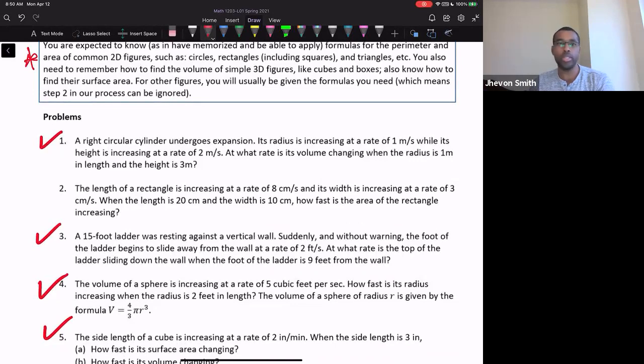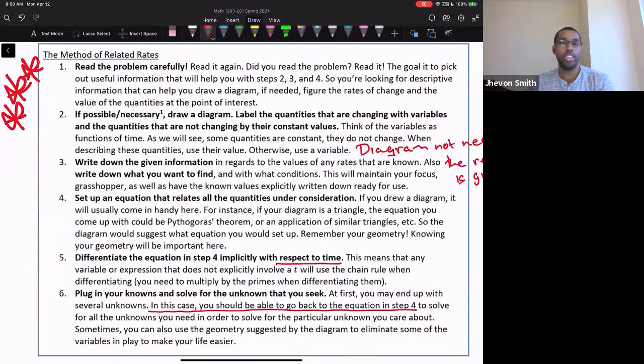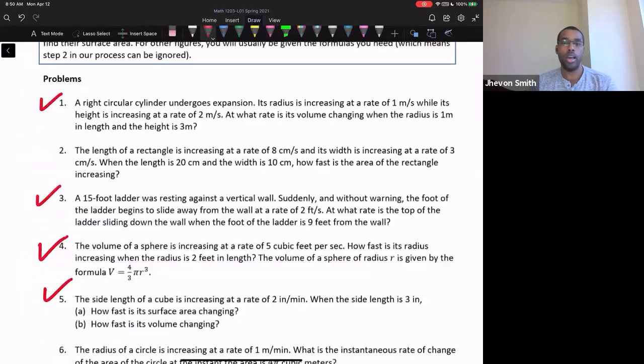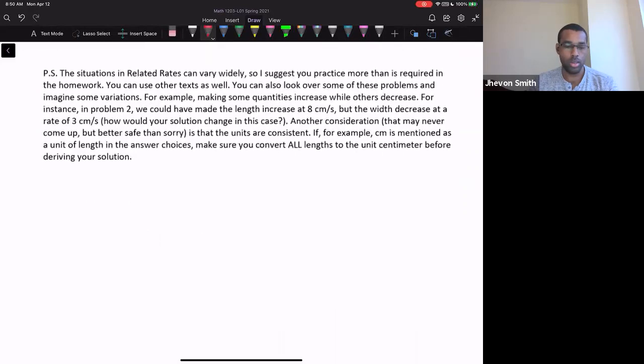So tons of examples. You're going to notice that I'm always going to be using this 6-step process just to kind of hammer, drill it in, that this is what you do, this is how you organize your thoughts, this is how you get through this problem. Yeah, so we're going to do a bunch of these. And whatever I don't do, you can try on your own. And let me know how it goes.